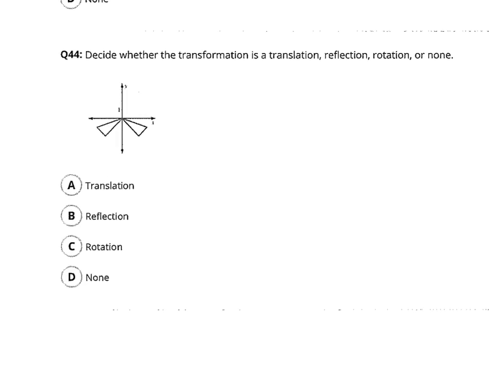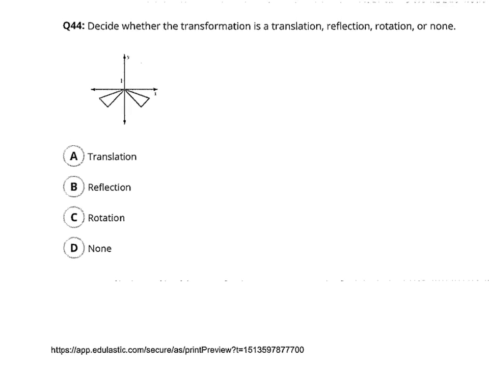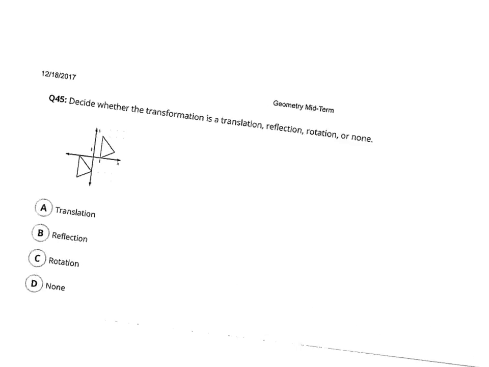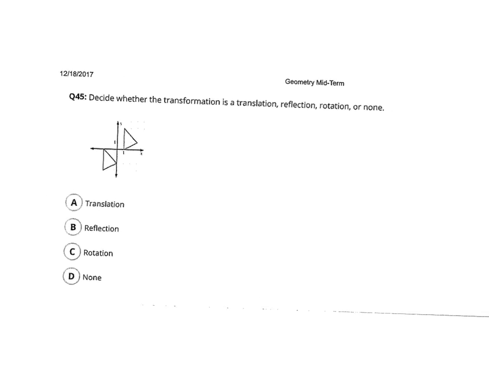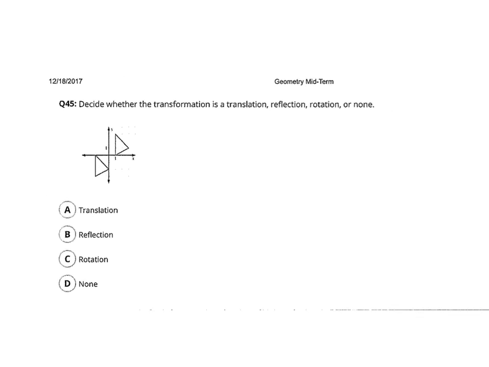Same thing in number 44. Take a look at what happened here. Looks like we just kind of spun around, right? And lastly, same type of question. We're going from here to here. How do we get this shape on top of it?